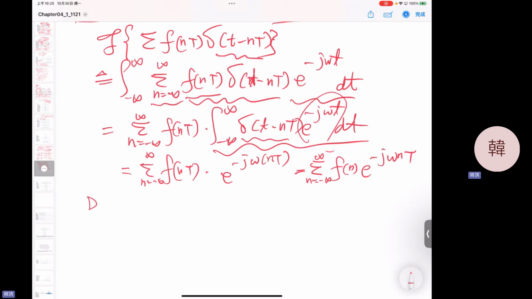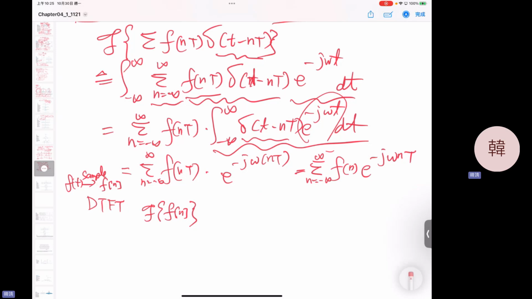So let me summarize again. DTFT is the Fourier transform of a sampled signal. I use brackets instead of parentheses. It's a sampled signal. Okay. Original is f of t. After sampling, we say it's f of n there. It becomes a discrete signal.